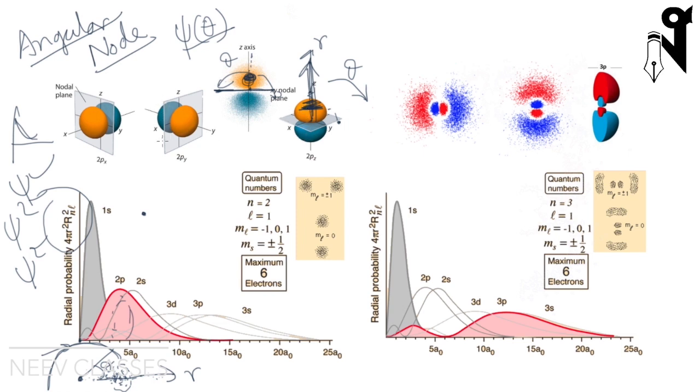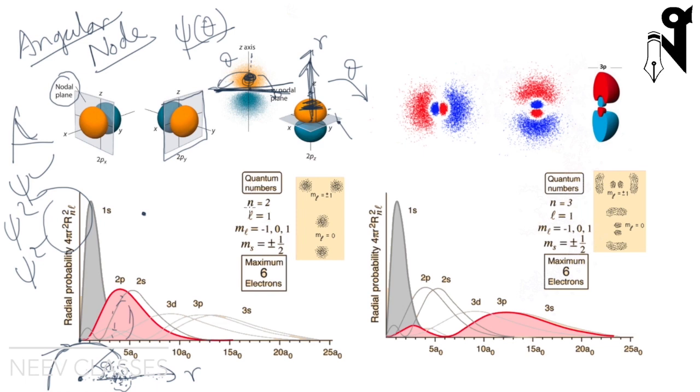You can see in the diagram it would be a plane like that, where there is no probability. Either this side something is there or that side. So that's the plane. Here that's the plane. There is no probability. So these are called angular nodes or nodal planes. Angular nodes are also called nodal planes.